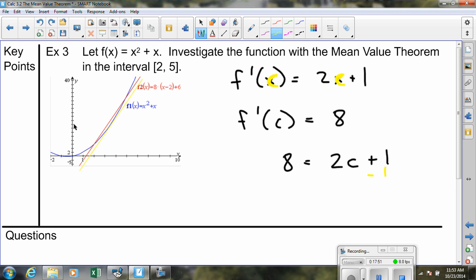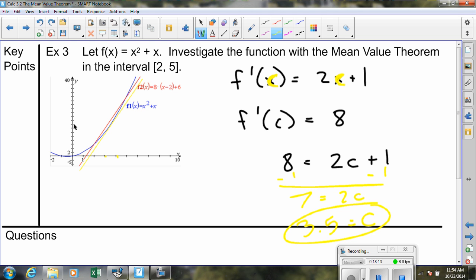Well, subtract 1, divide by 2, and not only do we know that it exists, we actually know where it is. This is the x value. At x is 1, 2, 3, 4.